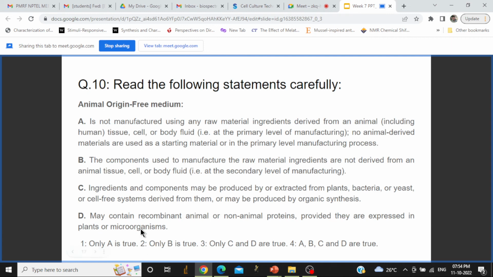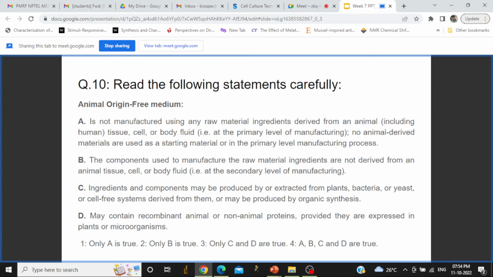These things are in this animal origin free media. So all of these statements are correct, and I will read these statements for you. So it is not manufactured using any raw material ingredients derived from an animal, including human tissue, cell or body fluid.